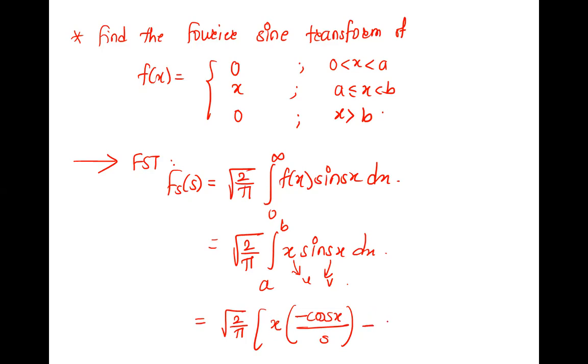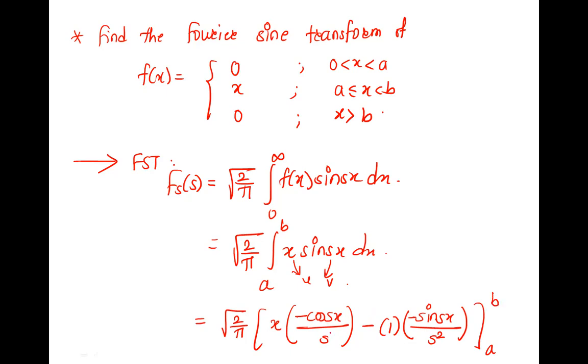Derivative of this is 1. Integration of this: minus sin sx, right, upon, minus sign as it is. Integration of cos is sine. Sin sx upon s. But there is already one s. So s into s, s square. And the next derivative of this will be 0. So yes, this is over, and from a to b.